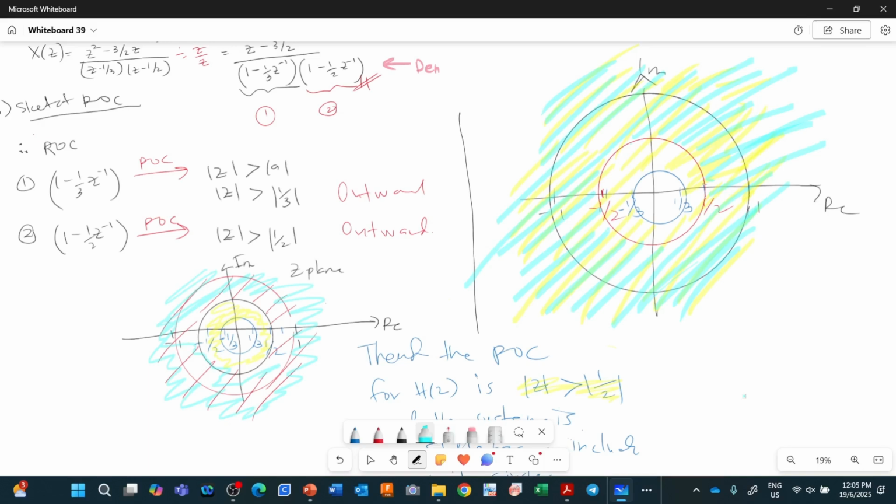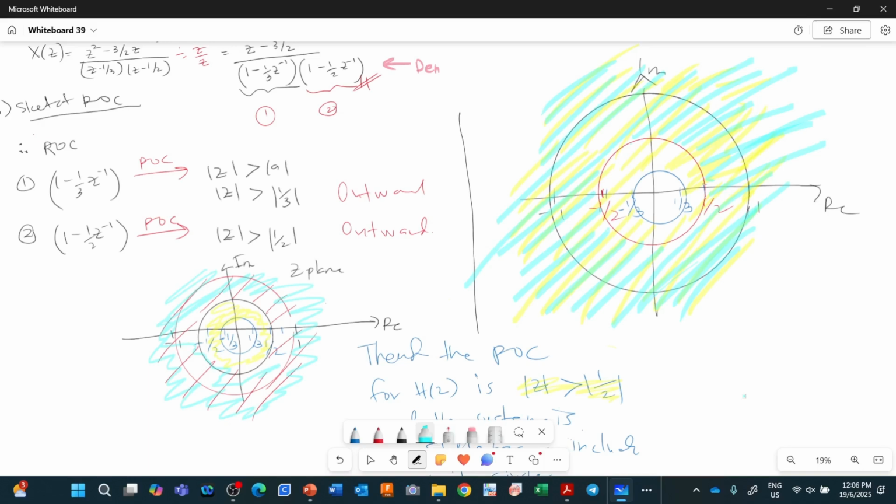But the question asks, is it stable or not? By definition, what was the stability for Z transform? If you have two ROC, then both ROC need to include the unit circle. Both. But when you do the sketching, which sketching has both overlapping the unit circle?